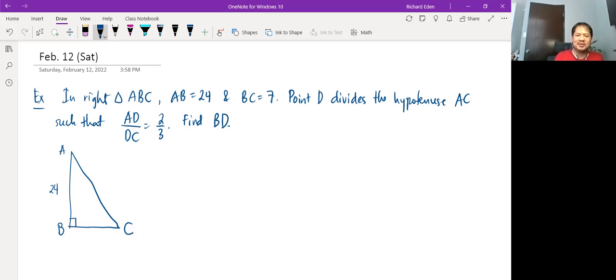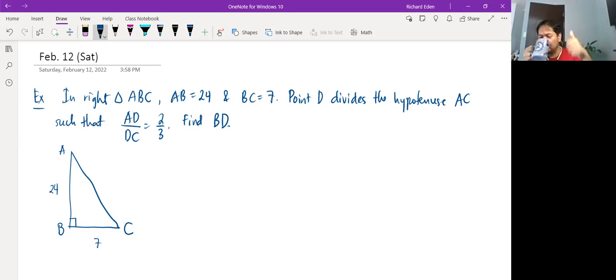AB is 24, BC is 7. Would you know how long AC is? The hypotenuse? 25, exactly.